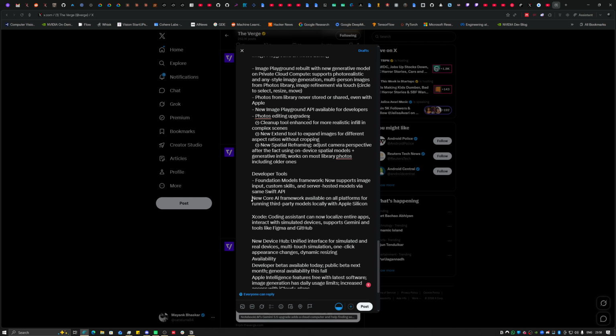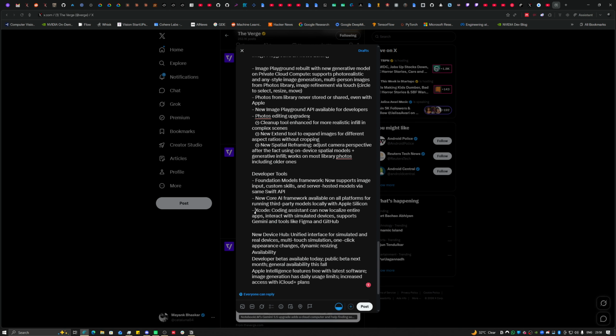The developer tools are quite good. The core AI frameworks, the gist that we got right now.